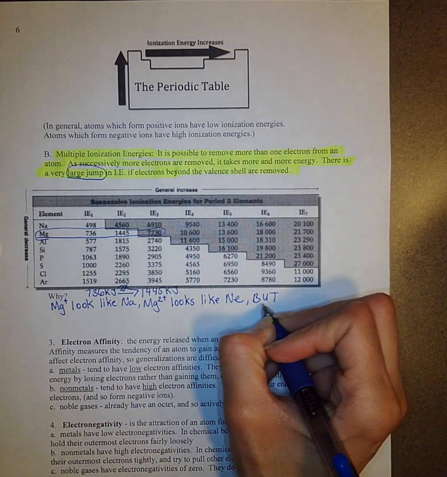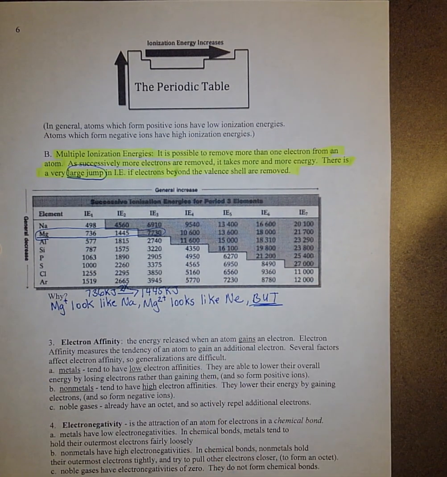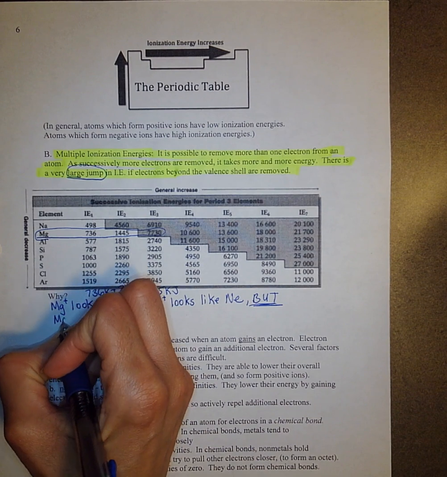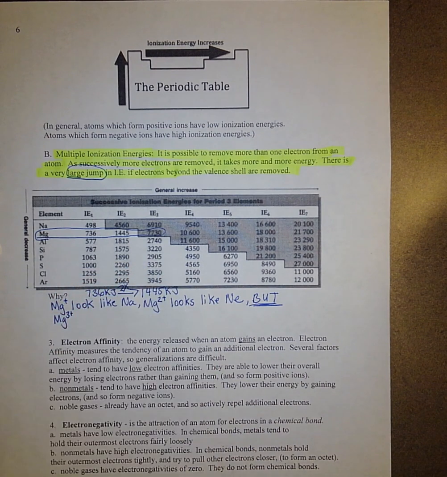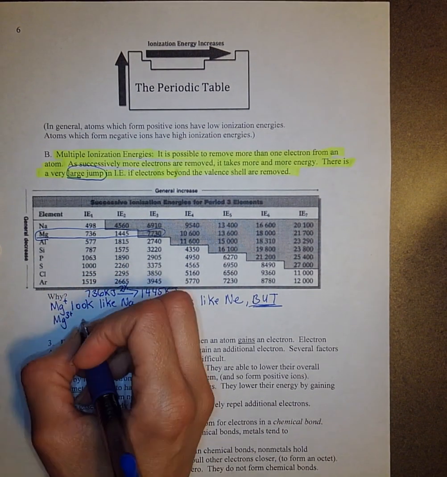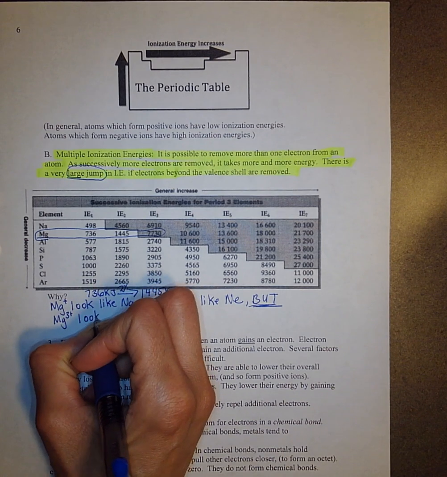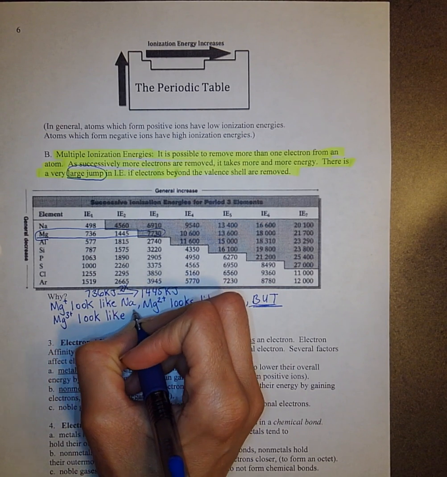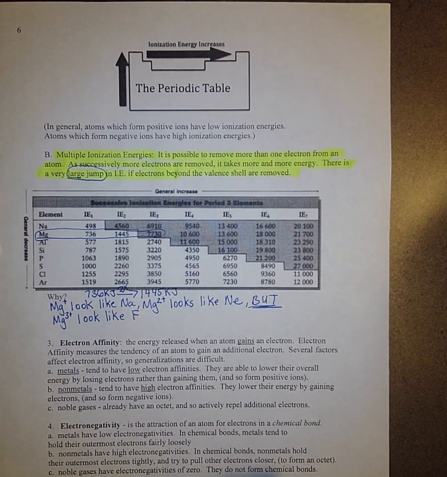But, and this is where it makes a really big difference, when we remove that third electron, so we have magnesium 3+, the electron configuration is going to look a lot like fluorine.